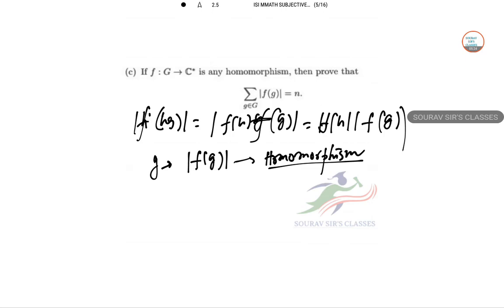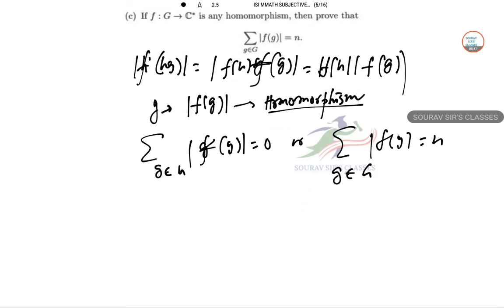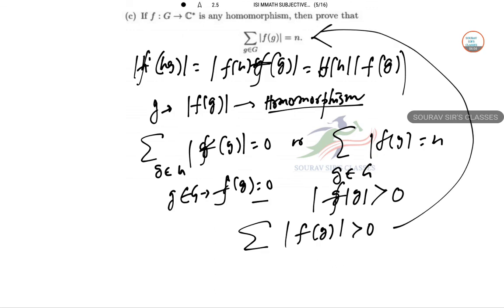So by the previous part, either the summation of mod f(g) over g in G equals 0, or it equals n. So here this part is not equal to 0 anyway. As g belongs to G, obviously mod of f(g) is greater than 0, and this value is greater than 0, which follows directly. So all the parts are proved.